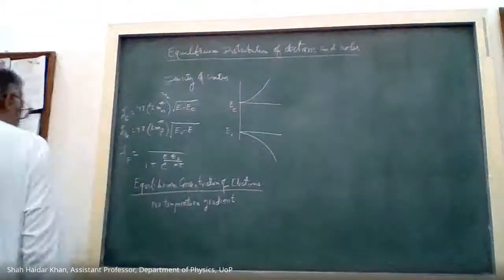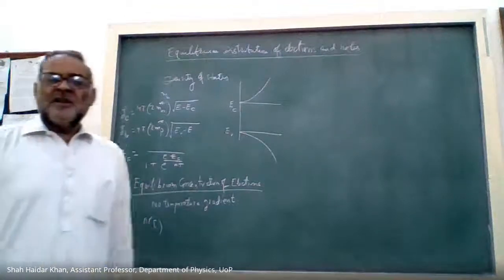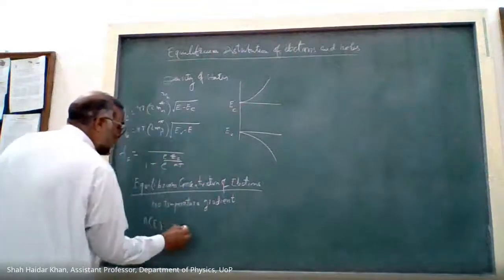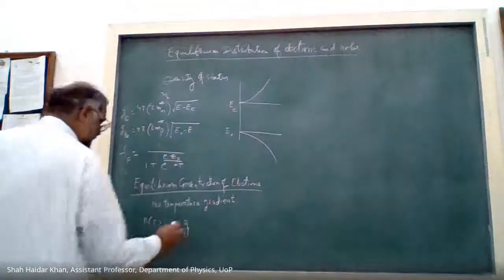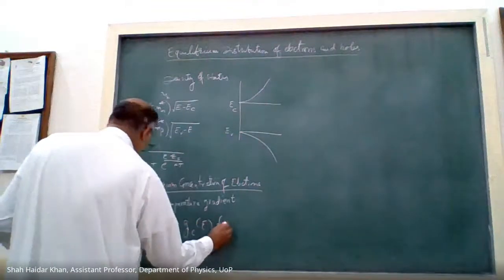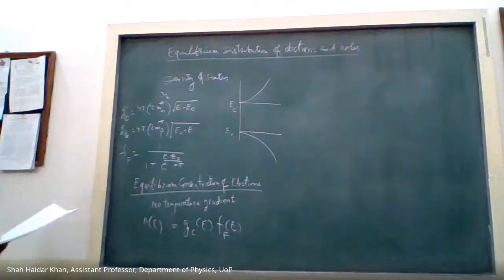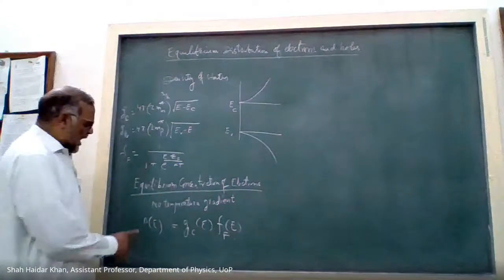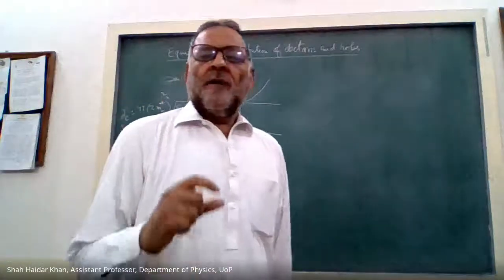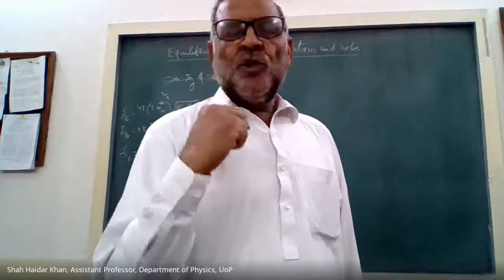Right? So in this situation, if N is the concentration, the number of electrons per unit volume, right? Then we will write this in the conduction band, right? What is the number of electrons at some temperature? Electrons will have moved to the conduction band.